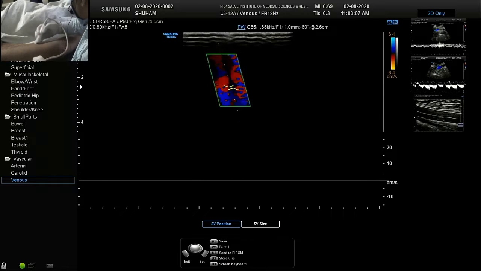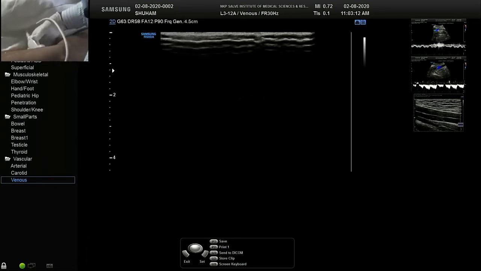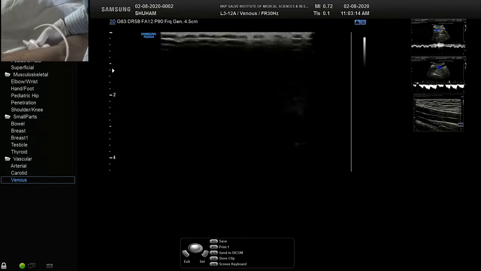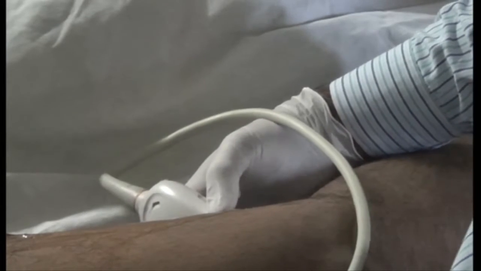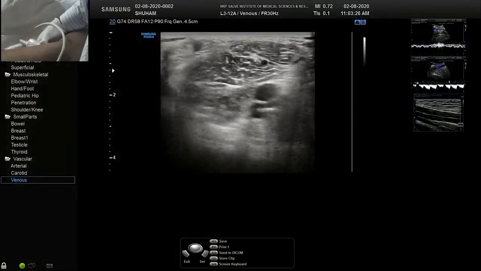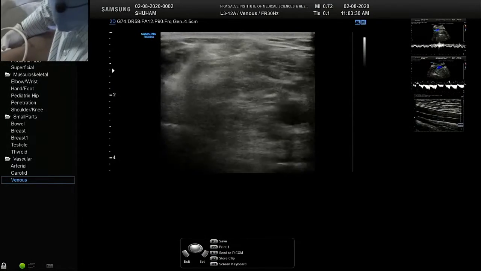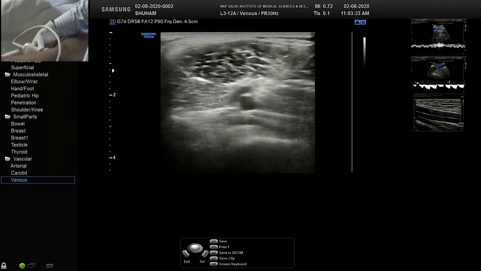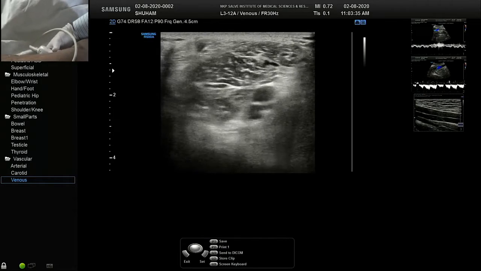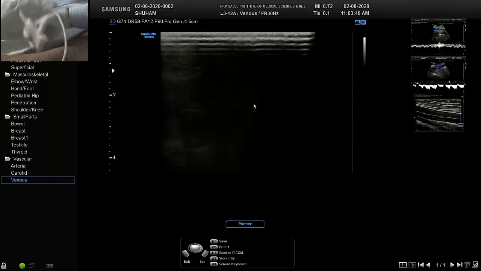So now we move to the popliteal fossa, get to B mode again, do a transverse section. In a transverse section, try to see what things you can make out. So the popliteal vein becomes superficial here.